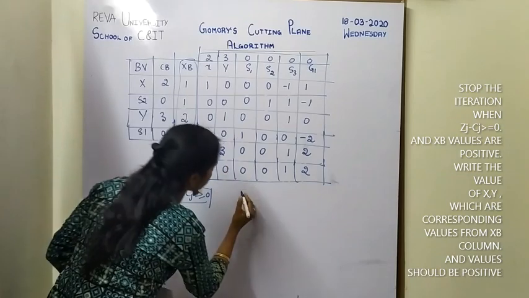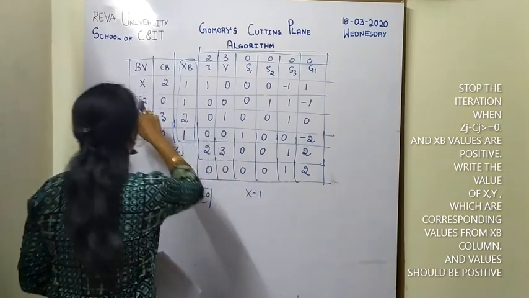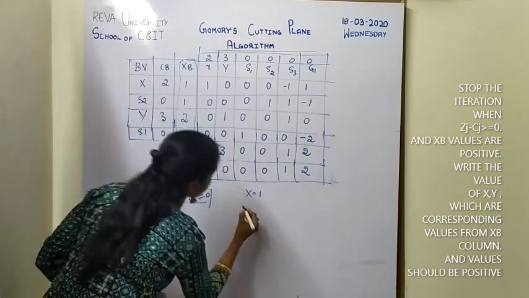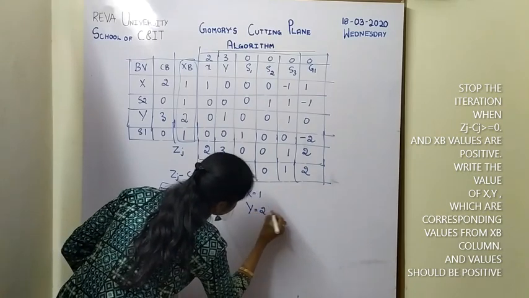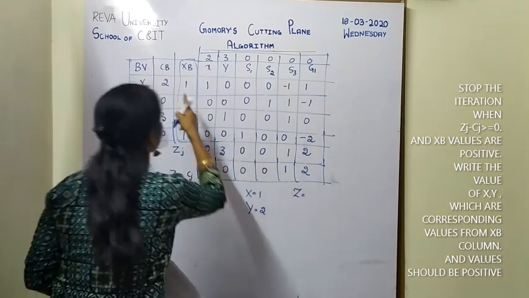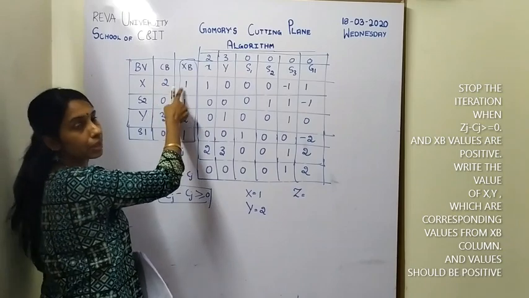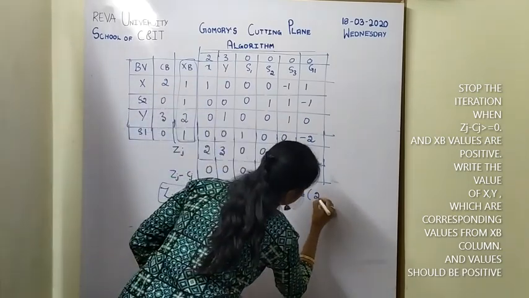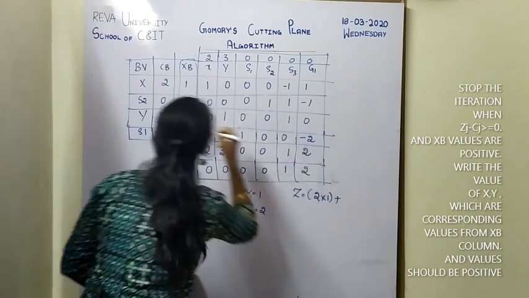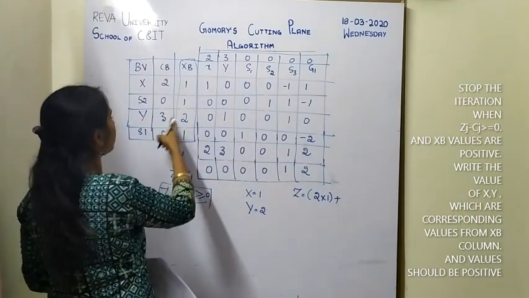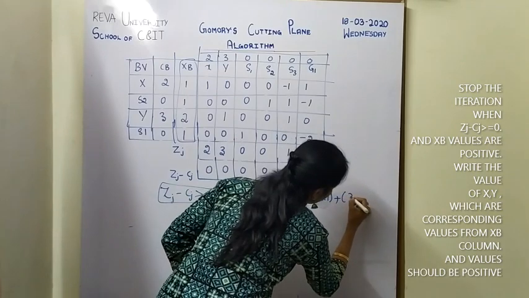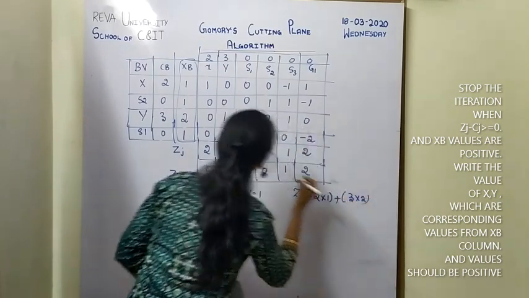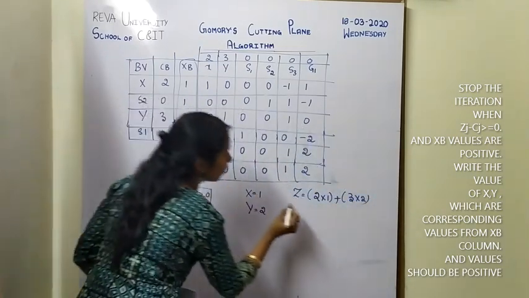X value here, x is equal to 1 and y value equal to 2 and z value equal to, you have to multiply cb into xb in the last table. So 2 into 1 plus 0 into 1 is 0 plus 3 into 2 plus 0 into 1 is 0.